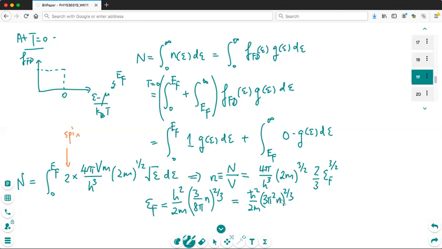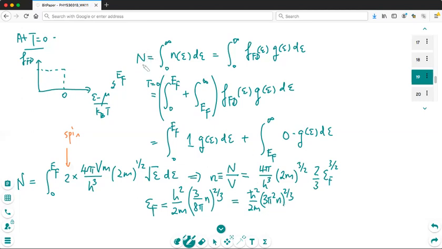I give it to you, and I say, okay, I want to engineer a material with a higher Fermi energy. You come back to me with a proposal, and you realize you don't have much freedom to adjust. The only thing you can do is to try to free up more electrons into the system. That is to say, you create more conduction electrons, and these conduction electrons contribute to N, and V is the same.